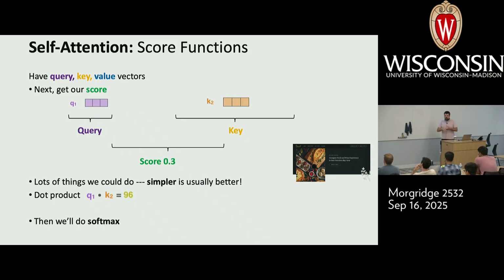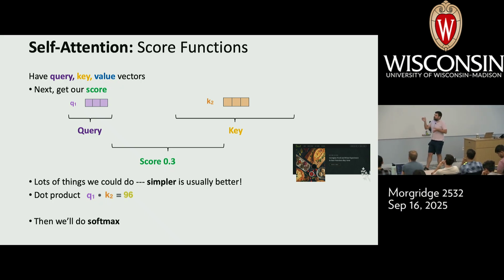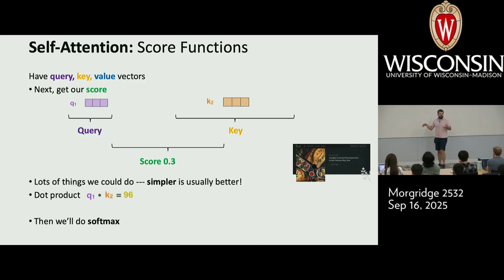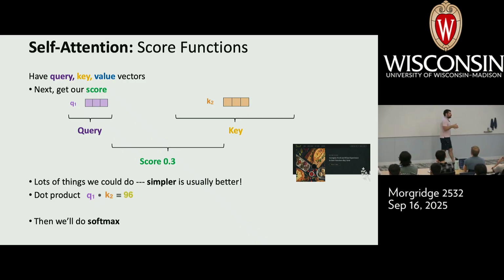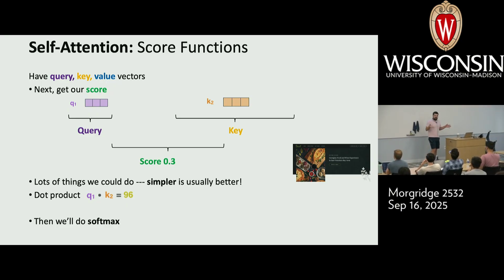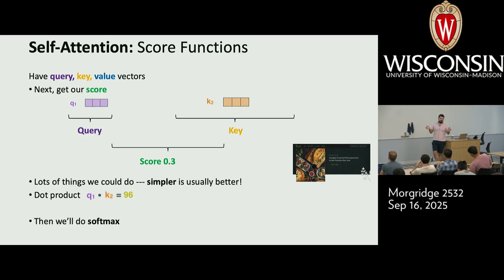Okay, so then we get these magnitudes, these values coming out of our dot products. We're going to do something with them as well. We're going to look at all the values coming from Q1 with every one of our key vectors for the whole sequence, K1, K2, K3, and so forth. And we're going to pass all of these into softmax, and that's going to convert them into something that looks like probabilities. Values between 0 and 1 that all add up to 1. They're not really probabilities, right?